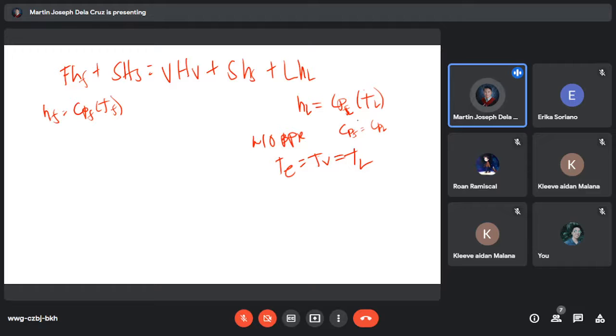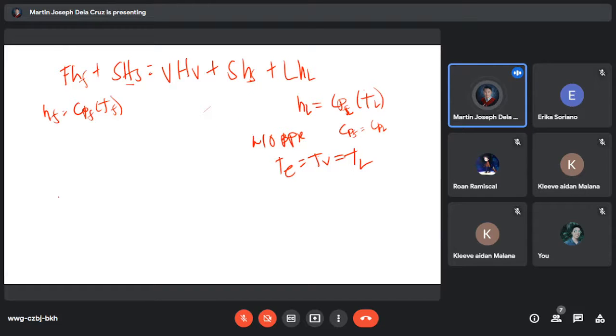So, pero pag evaporator class, mostly equal lang sila. So, isa lang yung binibigay na specific heat. And then, pag big letter H ulit, that is your saturated vapor. So, sa baba tayo kukuha. And then, pag small letter h, doon tayo sa taas kukuha.